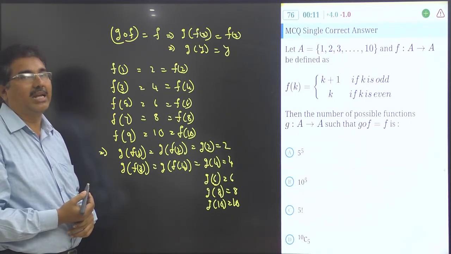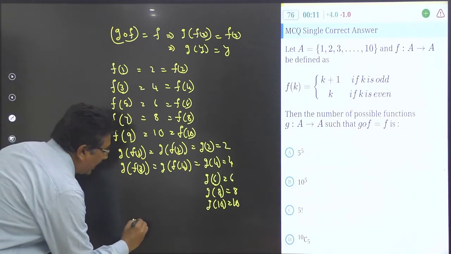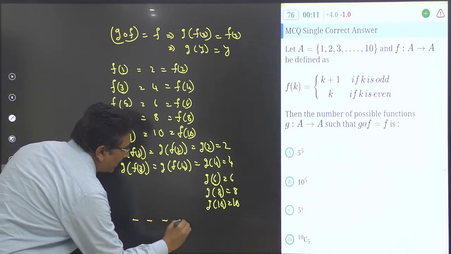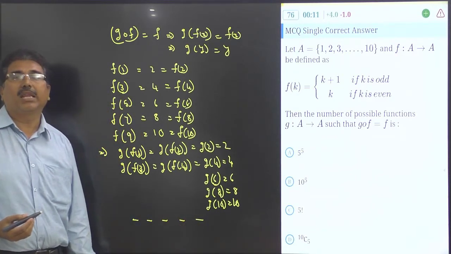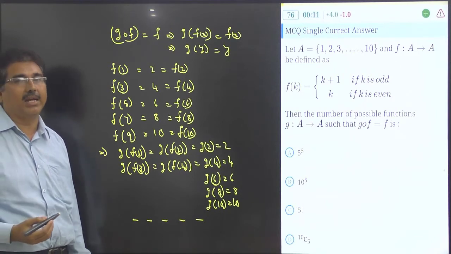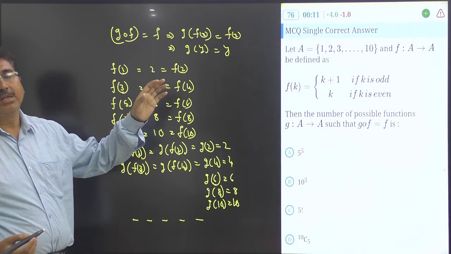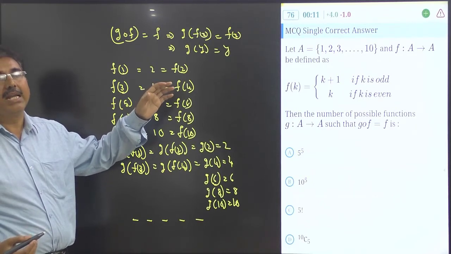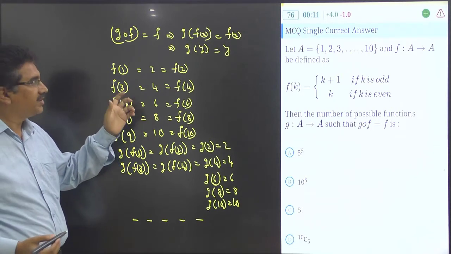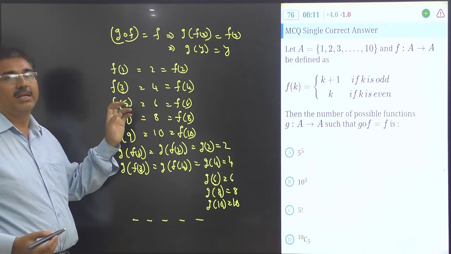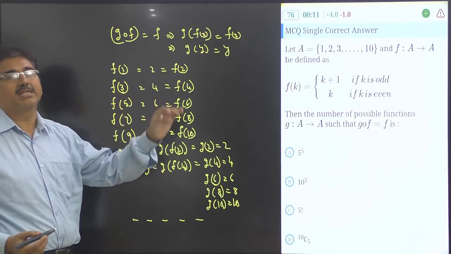The remaining elements are 1, 3, 5, 7, 9. What are the images of 1, 3, 5, 7 and 9? The element 1 is mapped to any one of the 10 elements of set A.